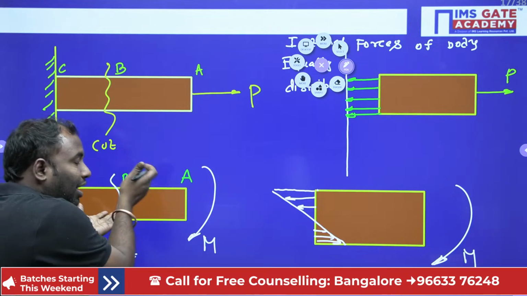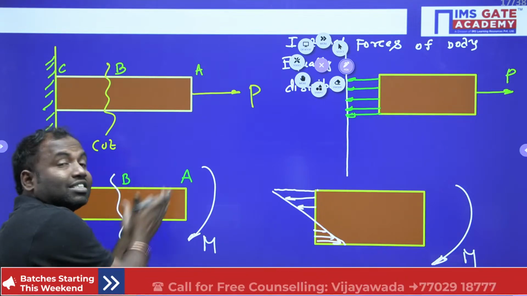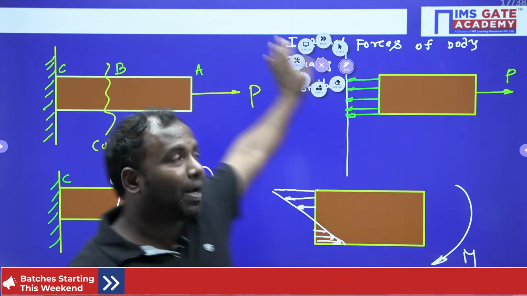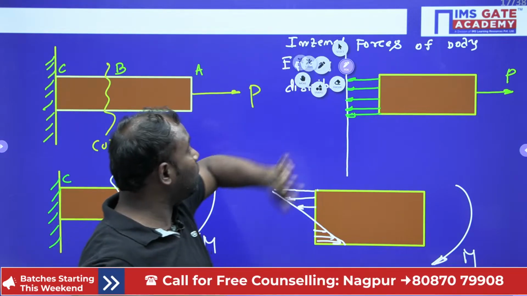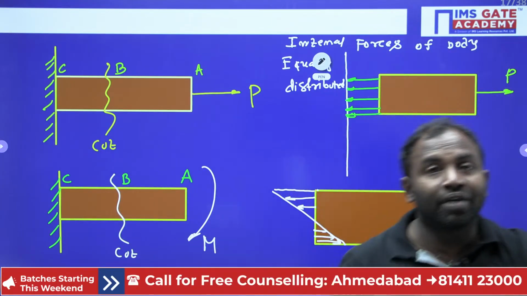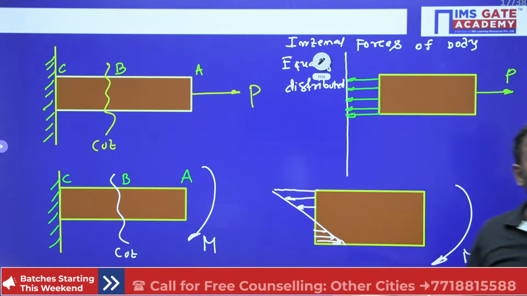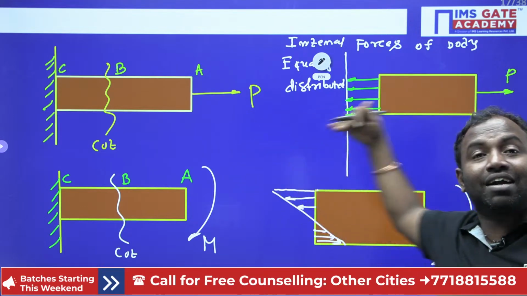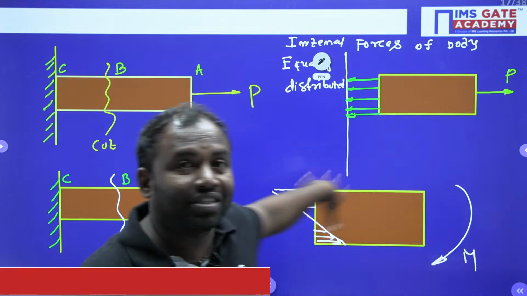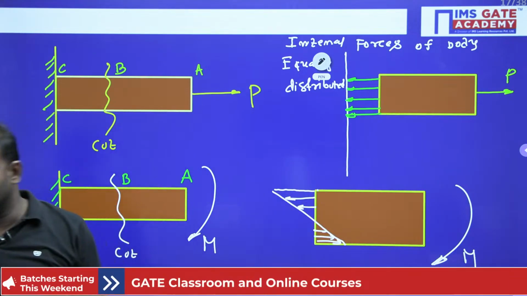How much this body is resisting this moment is called the moment of inertia, right? If I apply the force like this, then to differentiate, whenever you apply the force and whenever you apply the moment, what happens to the body under the action of forces and under the action of moment, that is what I would like to show you. That's what this slide's objective is all about. All right, guys, hope you understand.